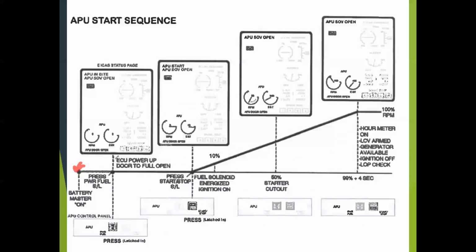The APU on button is pushed here. When that button is pushed, or when you move the switch to the on position, the APU ECU, which is the electronic control unit, kind of like the little FADEC that powers it, will power up. If it has a door, it'll start to open. And then when you go to the start position or press the start/stop button, that's going to start rotating the engine, getting the RPM up.